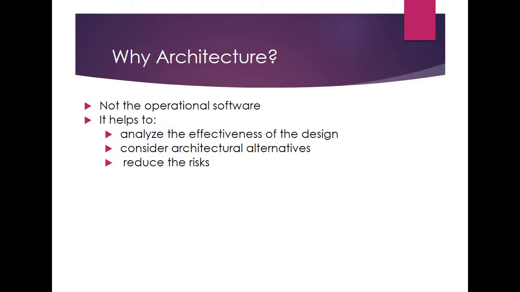If there are many alternatives, those can also be designed and compared with one another. The architecture will help in those cases, and it will help us to minimize the risk which will appear later. Instead, in the design stage itself, we can identify whether there are any flaws in the design or not.